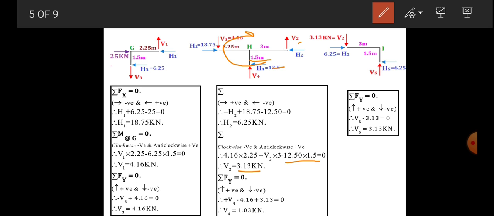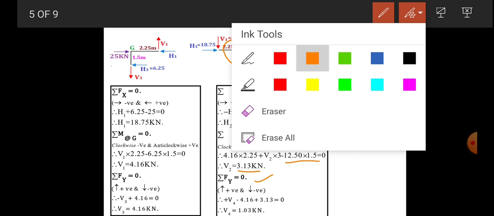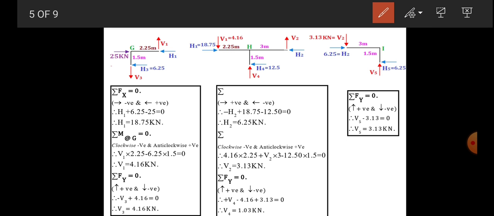Then do the summation Fy to find V4. Upward is positive, downward is negative, so the vertical forces are plus V4 minus 4.16, plus V2, and the value we know is 3.13, is equal to 0. So V4 is equal to 1.03 kilonewton positive.